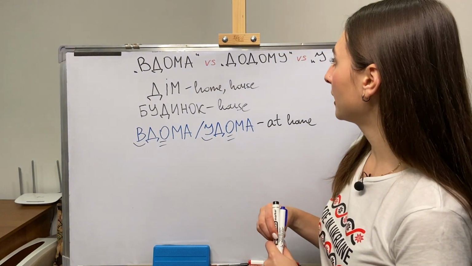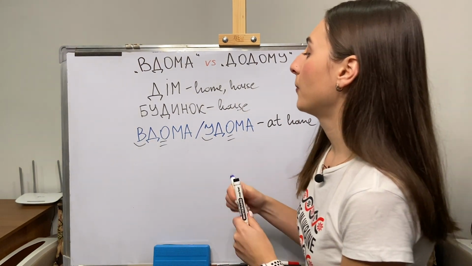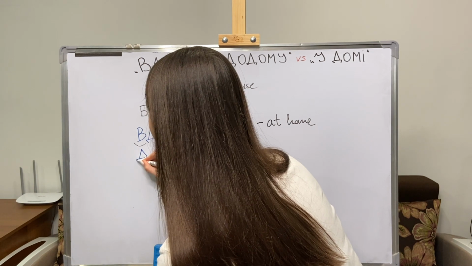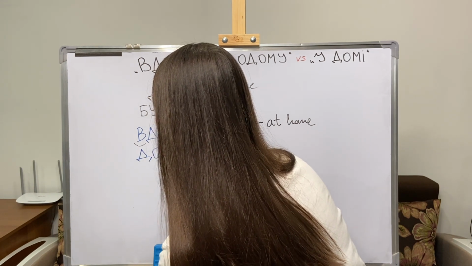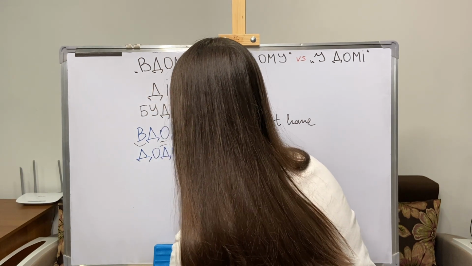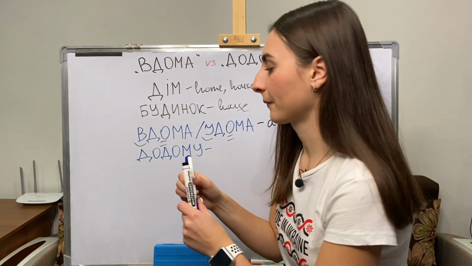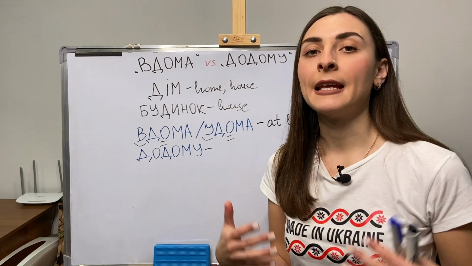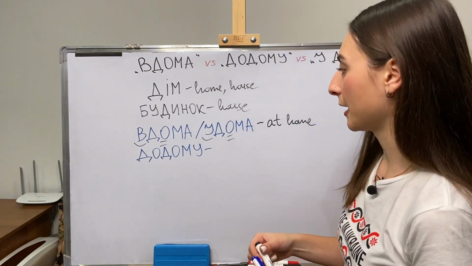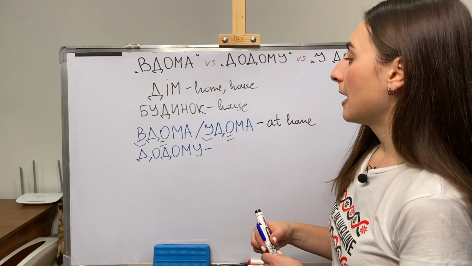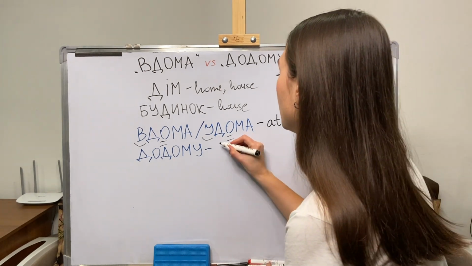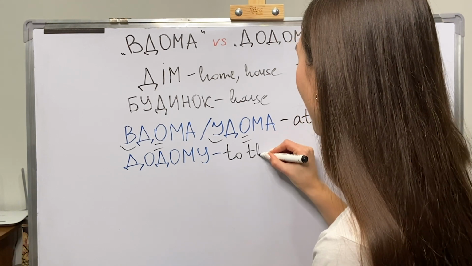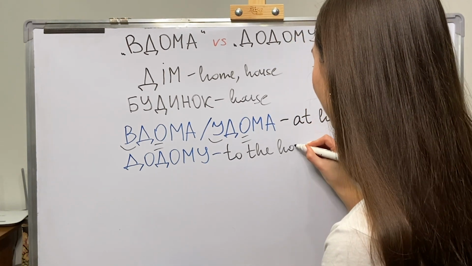The next word is ДОДОМУ. What about this word? Very interesting word. It is an adverb too in Ukrainian language, and it means to the house.